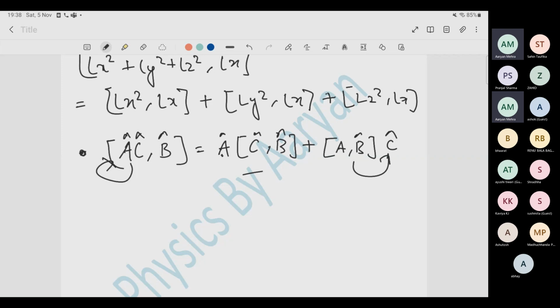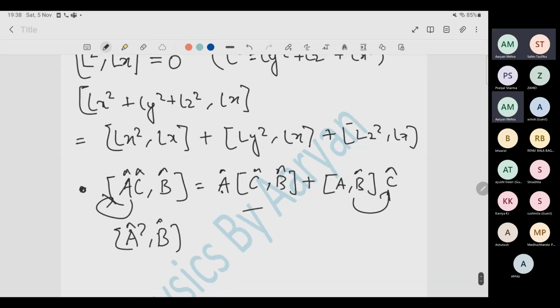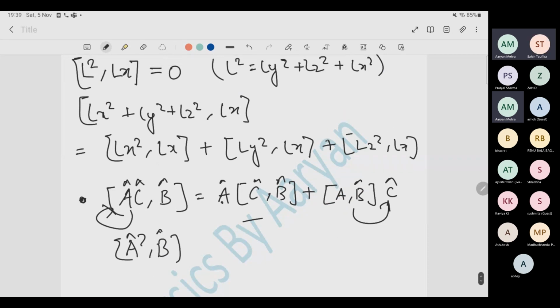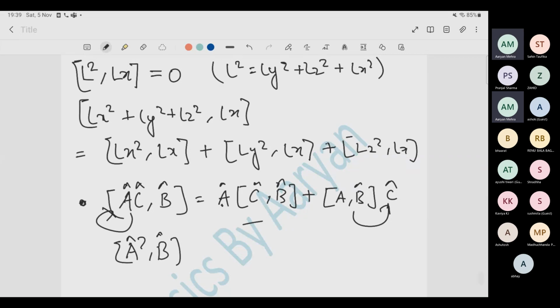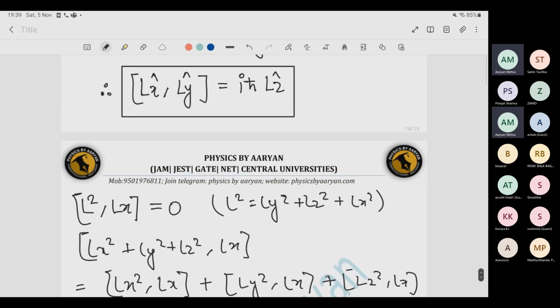Whether you operate C first or A first does matter, so you need to take care of that. This is a formula. In this place you can put C equals A, and the formula reduces to A square B. Using these formulas you can find L square with Lx. If you find L square with Lx, you don't need to find L square with Ly or anything like that. So that you should do.